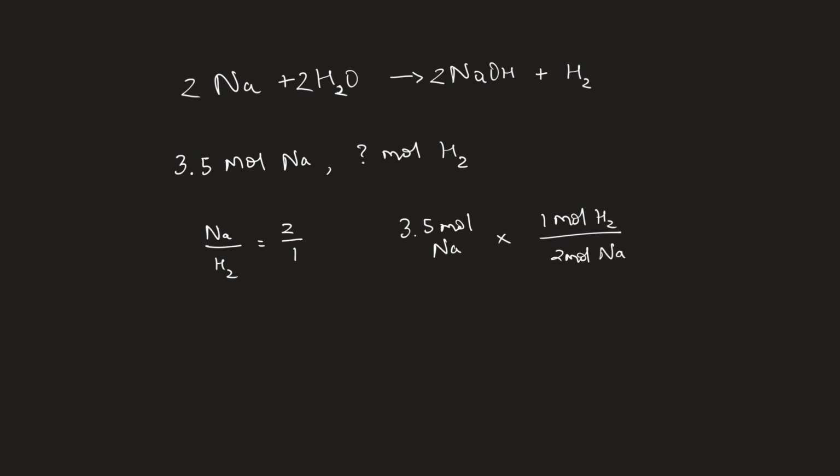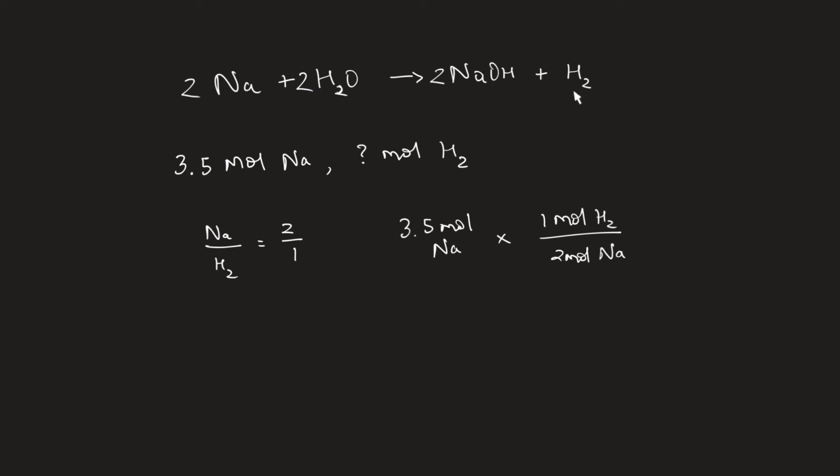It is important to remember that because sodium is the given amount, then it has to be on the bottom of the conversion factor. So instead of a 2-to-1 ratio, we have a 1-to-2 ratio. This problem could also be asked the other way around.